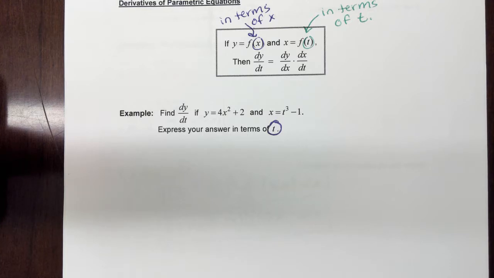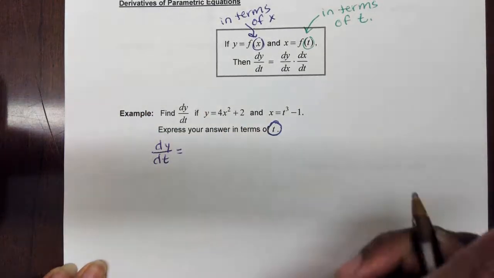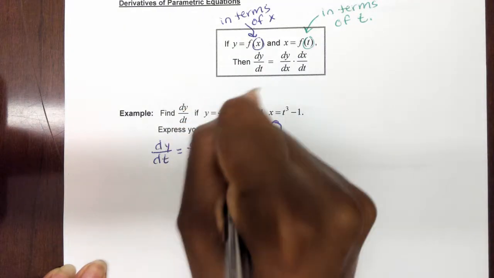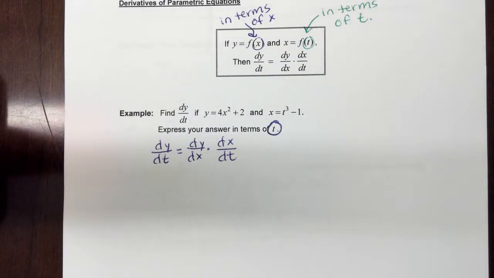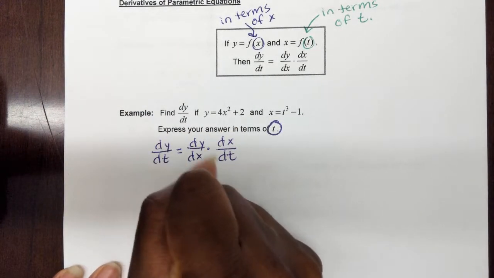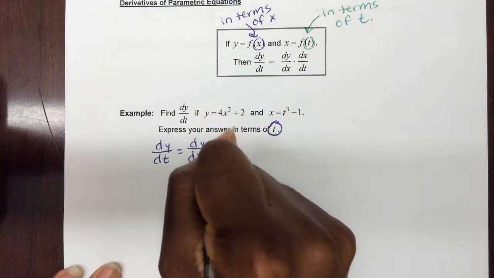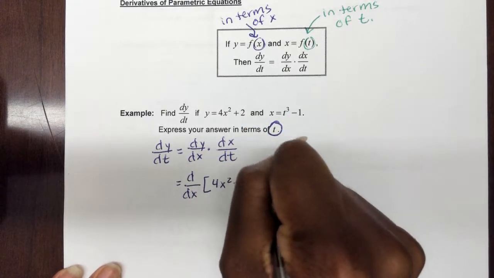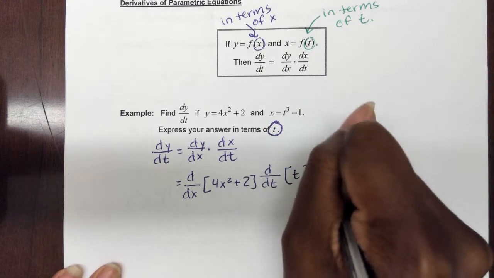Okay, so we know that dy dt is equal to dy dx times dx dt. Okay, so what that means is the derivative of my y function, which in this case is 4x squared plus 2, times the derivative of my x function, which is t cubed minus 1.